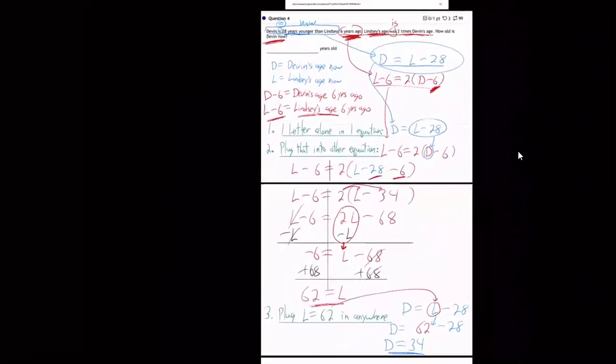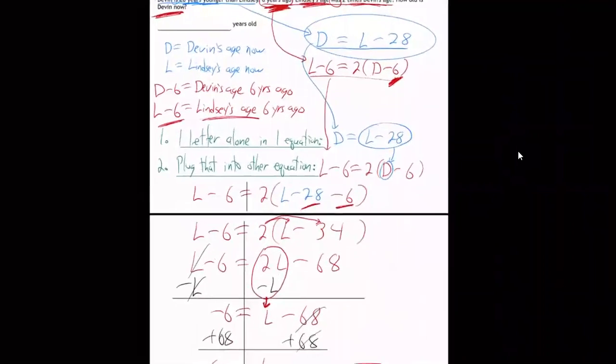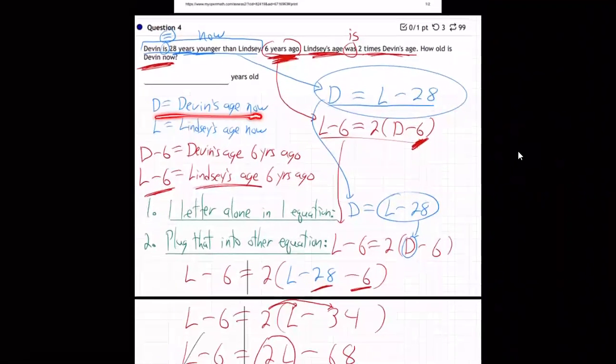So back, there's the whole problem laid out from the beginning there. So yeah, so we had Devin's age now and Lindsay's age now. That's what we needed to start with on this problem. Then we also had D minus 6 for Devin's age 6 years ago and L minus 6 for Lindsay's age 6 years ago. That meant 2 letters, 2 equations.